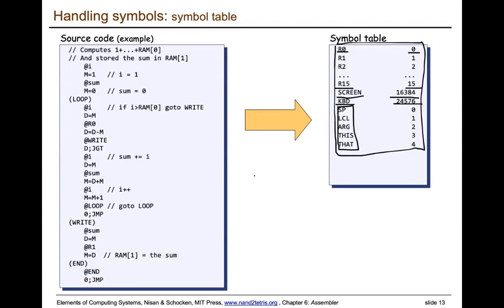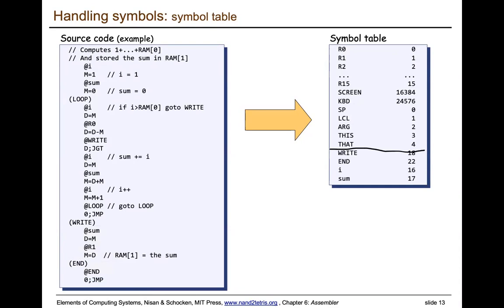Now we look at the user-defined symbols. After this line come the user-defined symbols. The first one is WRITE. How do I find the number for WRITE? We count line 0, line 1, line 2, line 3. The control symbol here will not count as a line. So HI will be line 4, and line 5 is D=M.